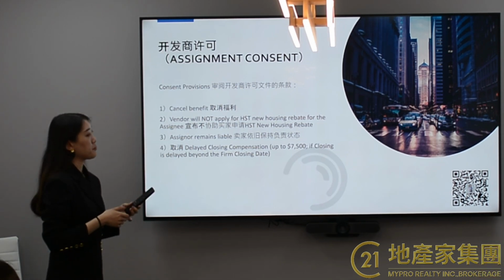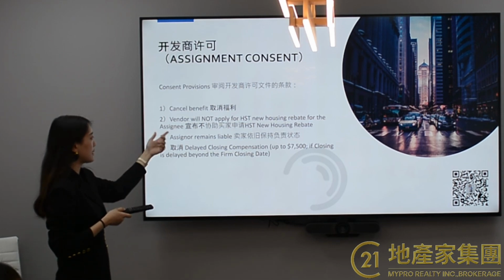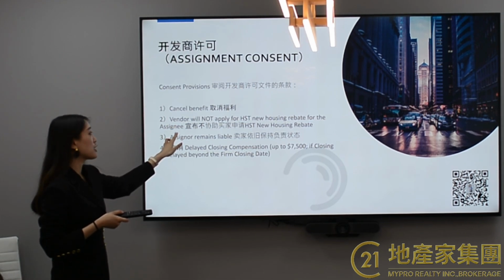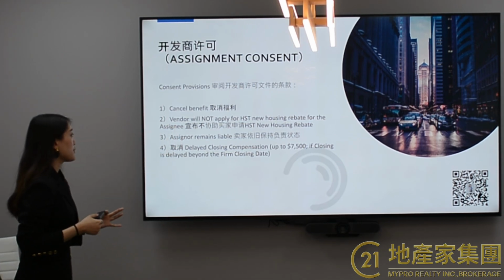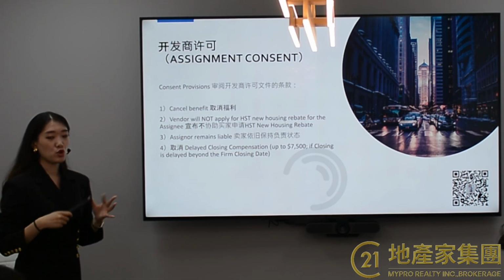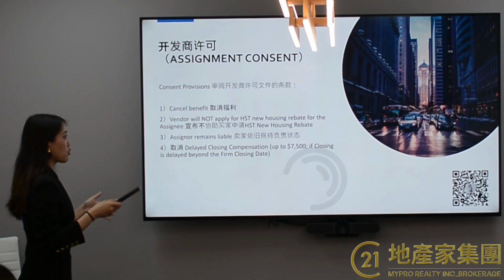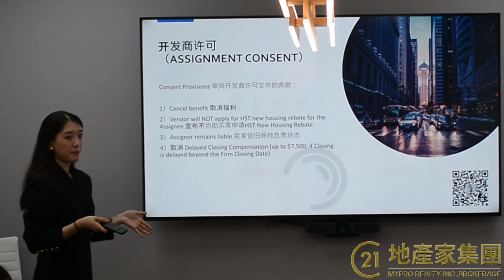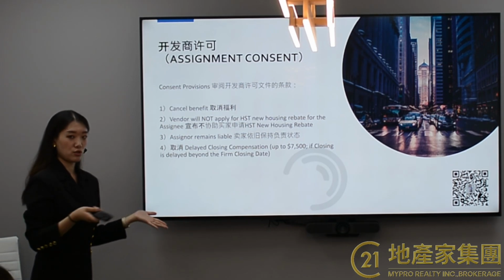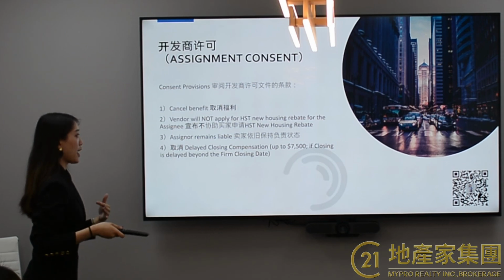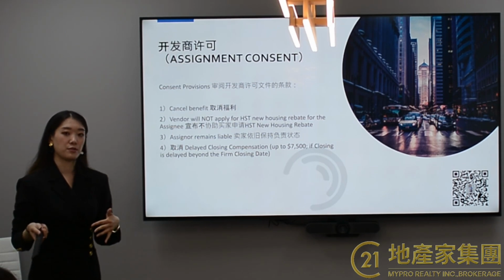Second, there's about a 90% chance they're going to include this provision. They're going to tell you that it doesn't matter if you, the new buyer, actually qualify for the HST new housing rebate, like you're going to occupy this unit as your principal residence, they're not going to help you apply for it.